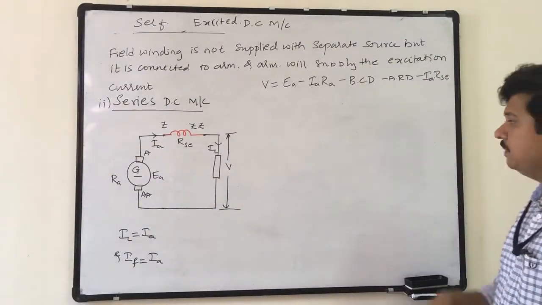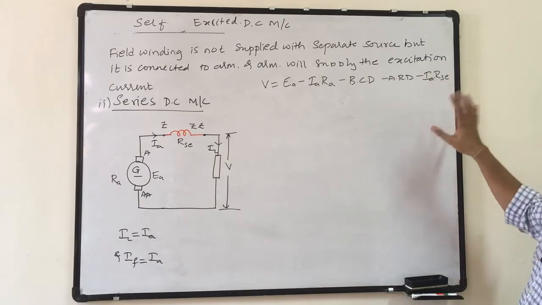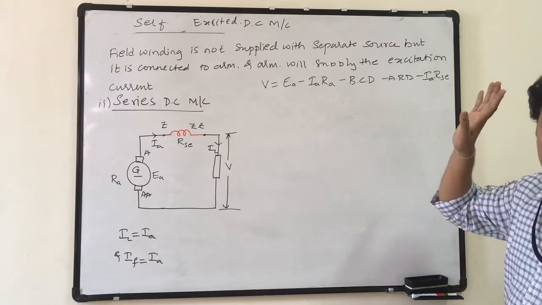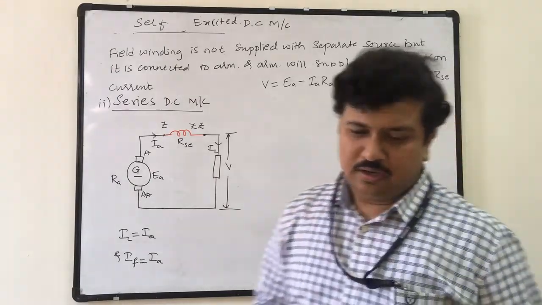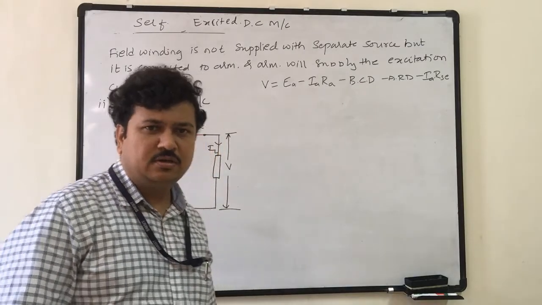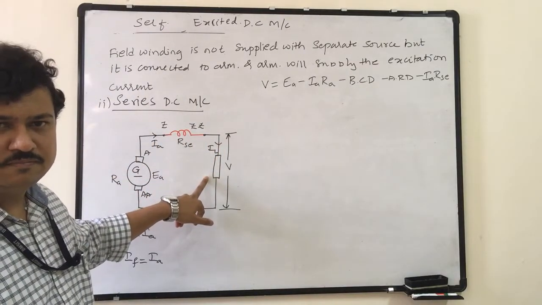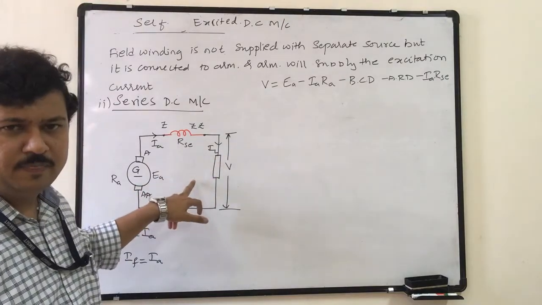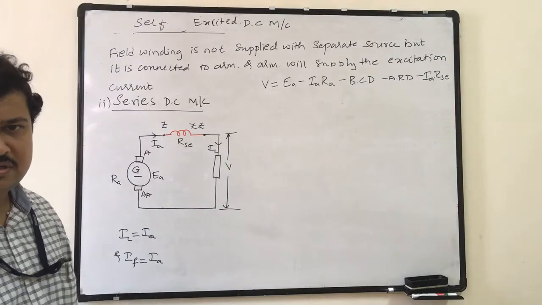So how can I keep my IA into RSE low? Either I can keep IA low or RSE low. Can I afford to keep the armature current low? Lower armature current means a lower value of load driving. Less armature current means the load driven is very less.